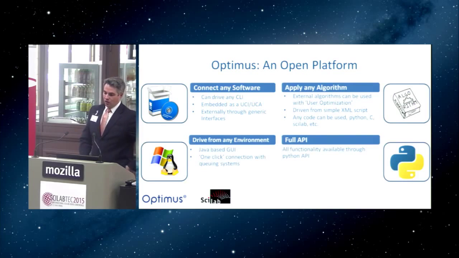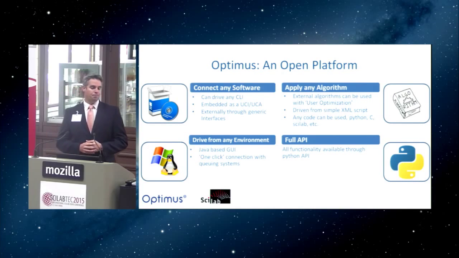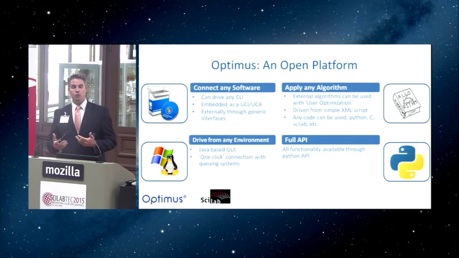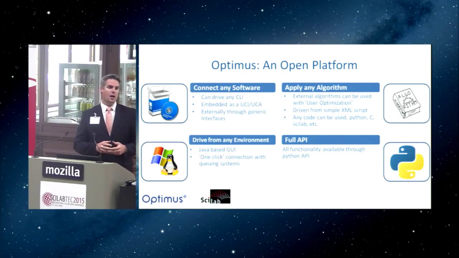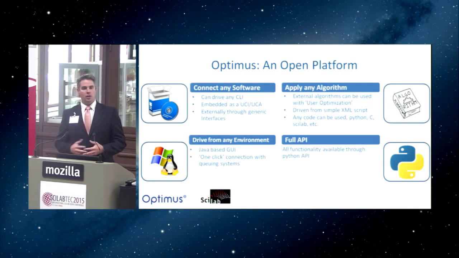Optimus is a completely open platform, so we allow ourselves to be connected to basically any other software that can be driven from a command line. In addition to that, you can incorporate your own optimization algorithms, your own design of experiment algorithms into the software.